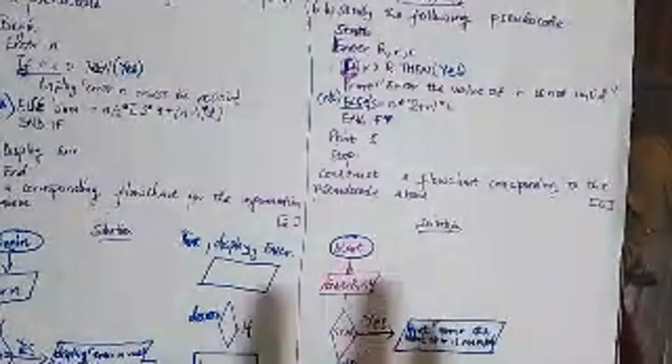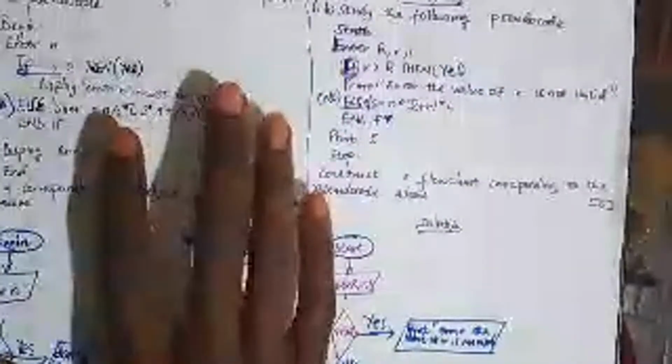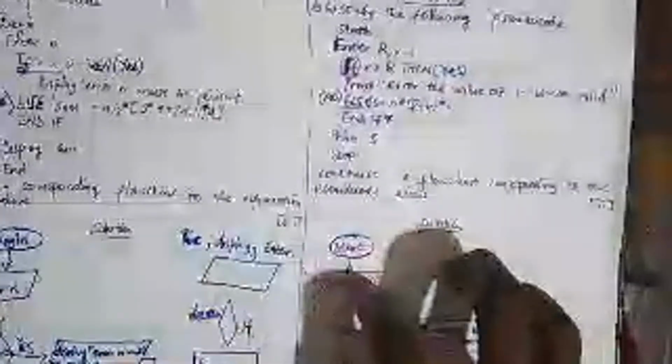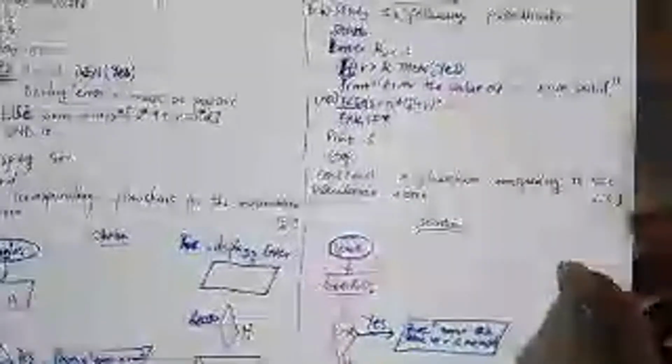An easy trick is to get a past paper, for example 2022 and 2023, and try to solve it in pseudocode. After solving it in pseudocode, you can try it in the flowchart.